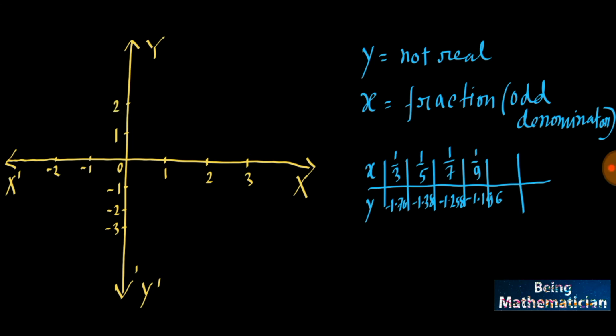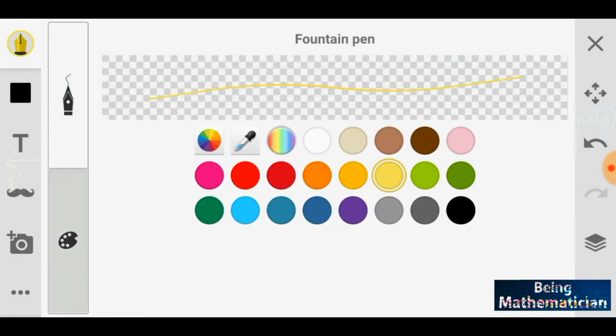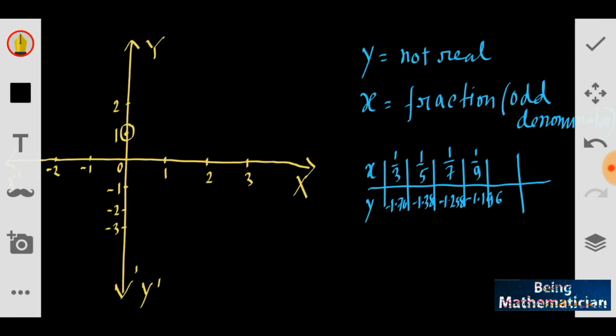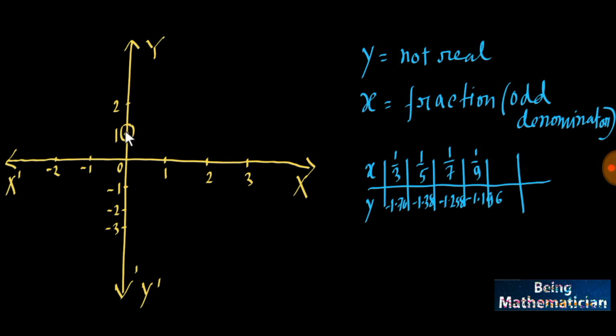So now let's plot (0, 1), and this is the point. Now plot (1, -5), and assuming that this point is (1, -5).